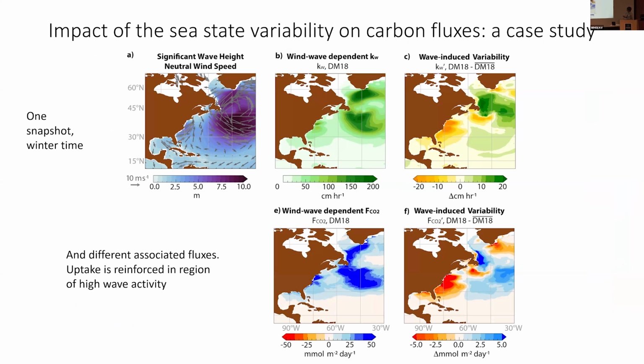To make a long story short, what you see is that the sea state variability induces variation in your gas transfer velocity at places that have the same wind speed but different wave properties.